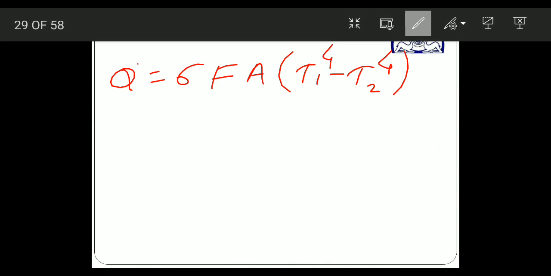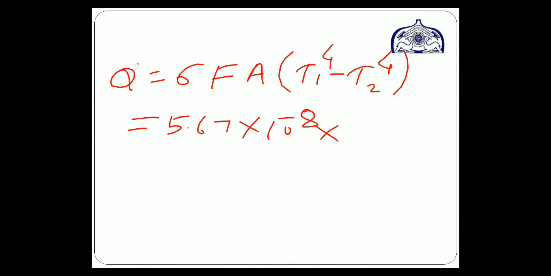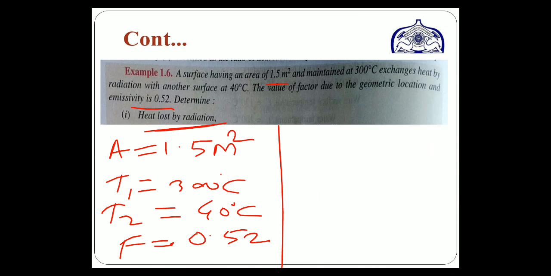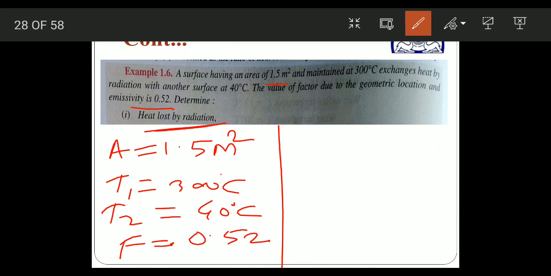So what is the value of sigma? 5.67 into 10 raised to minus 8, into factor is given 0.52, so 0.52, into area is given 1.5 meter square. T1, just remember here, many students make mistake here, that is this T1 and this T2 must be in Kelvin. Remember, here it is necessary to convert it into Kelvin.